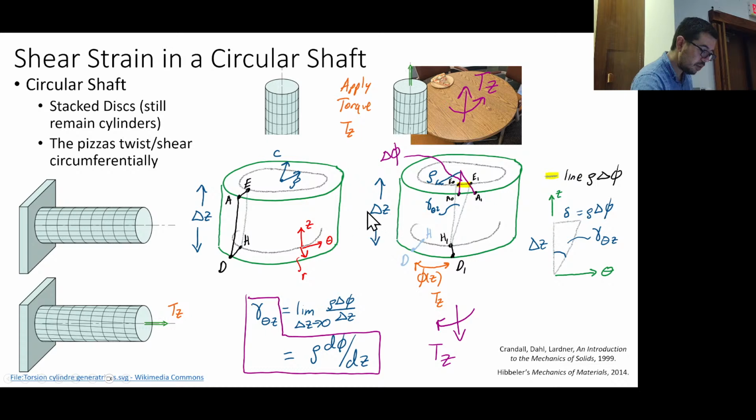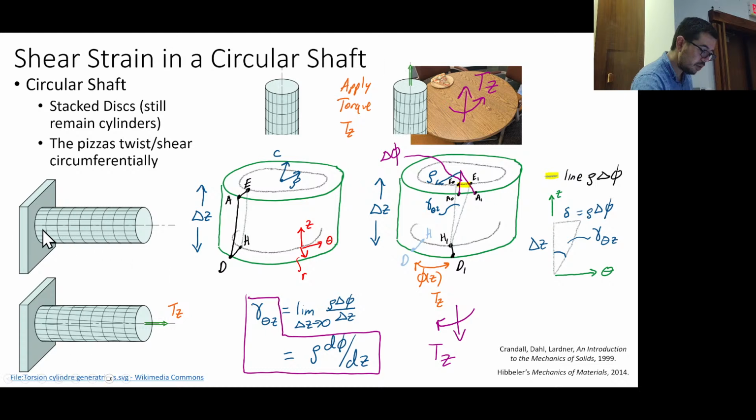Now, we apply some twisting. We apply a torque, we'll call it TZ, and here's TZ being applied. Imagine this is like some cylinder that went to the floor of the room. This table represents one pizza pie, and this is a slice. A couple things happen.